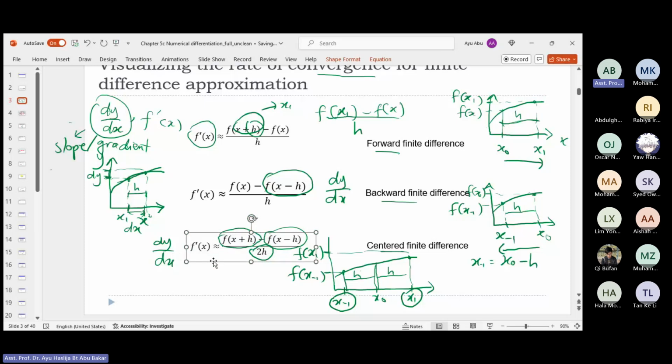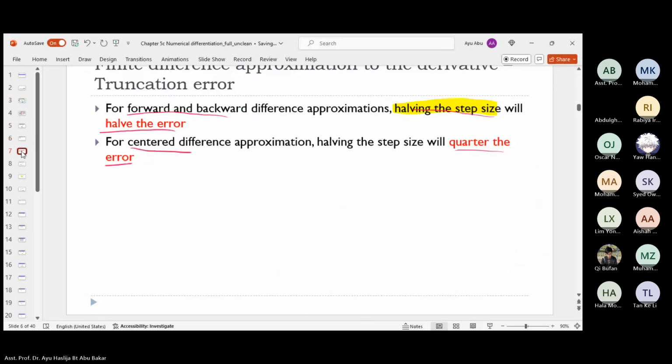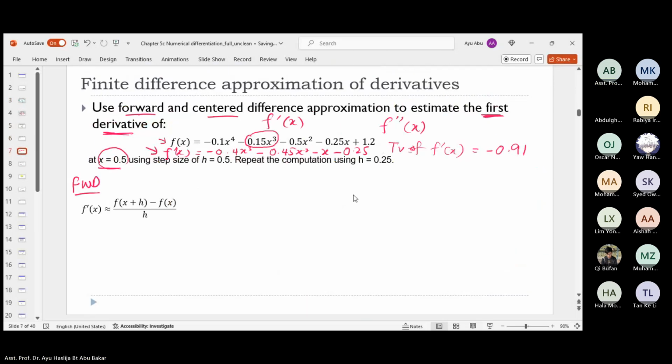Just make sure you know how to use it and what are the infos that you require. Now, you need f(x plus h) and f(x).